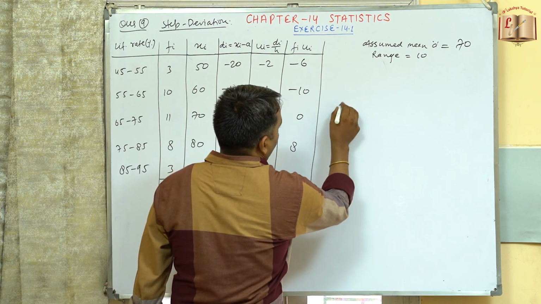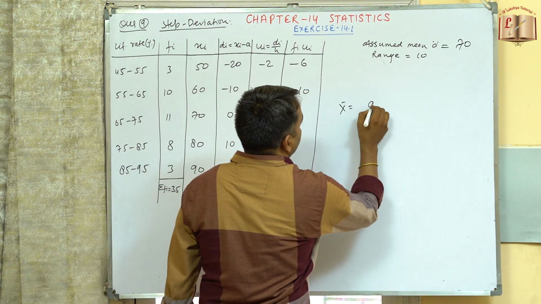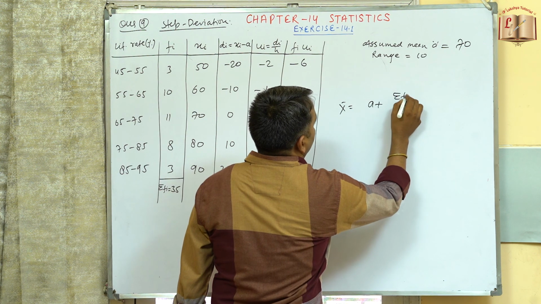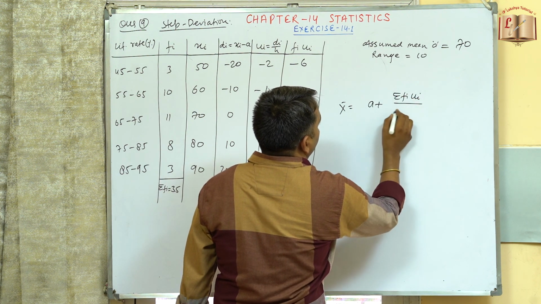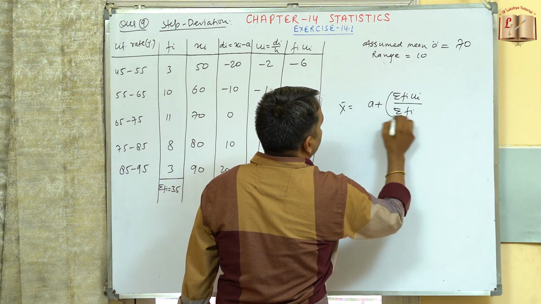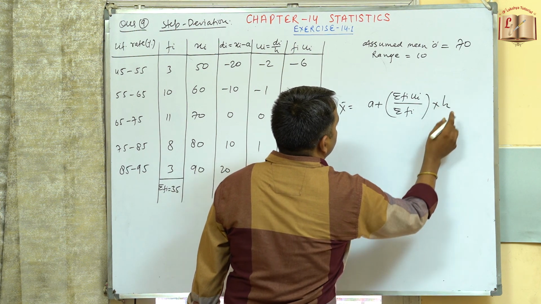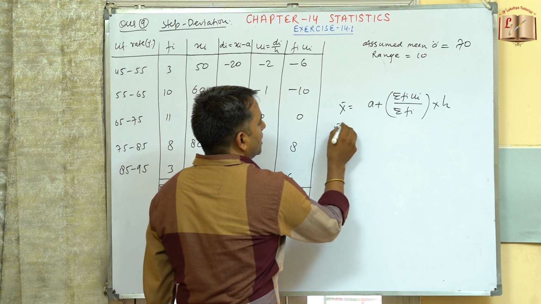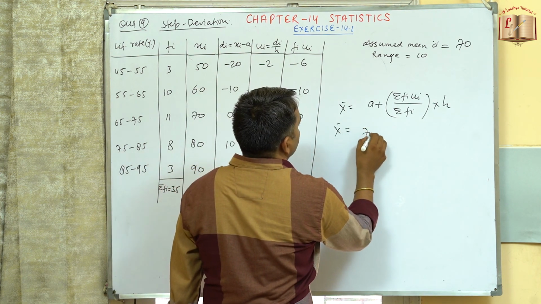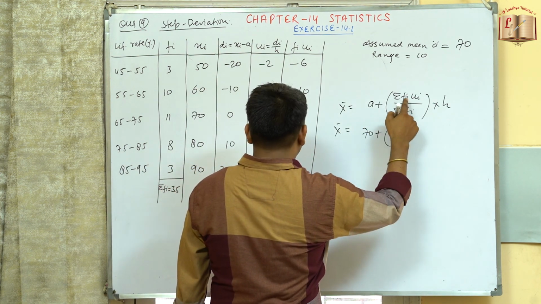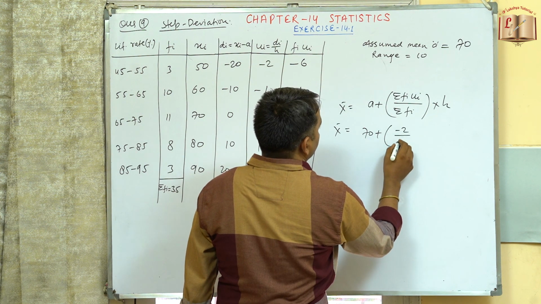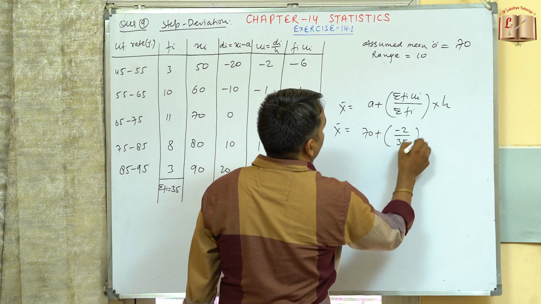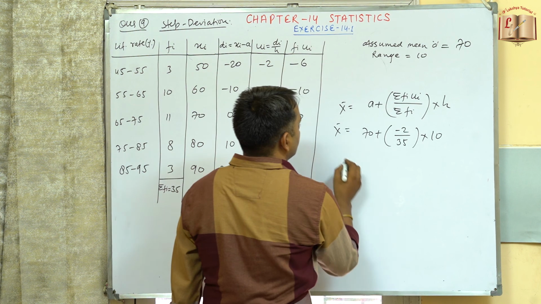Now we'll find out the mean. So this will be a plus sigma fi ui divided by sigma fi, times h. h we know is 10. So mean is equal to a, which is 70, plus minus 2 divided by 35 into h, which is 10.